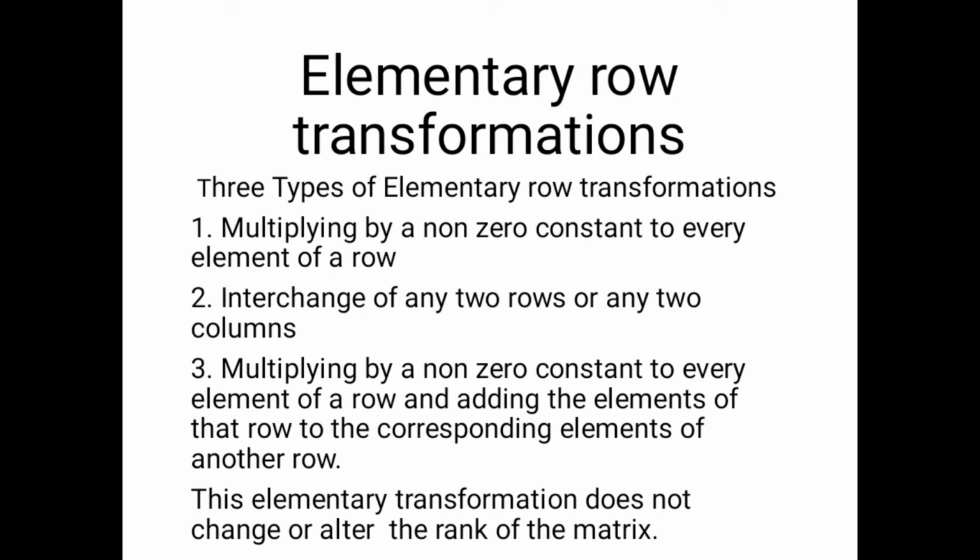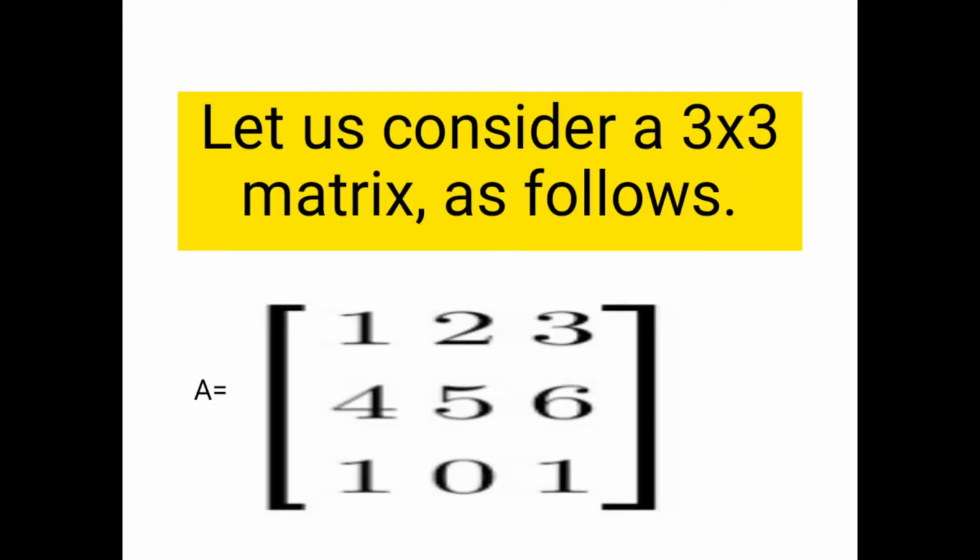So these three types of row transformations we use. The first is we may multiply every element of a row by a non-zero constant, the second is we may interchange any two rows, and the third is we may multiply every element of a row by a non-zero constant and add it to the corresponding elements of another row.